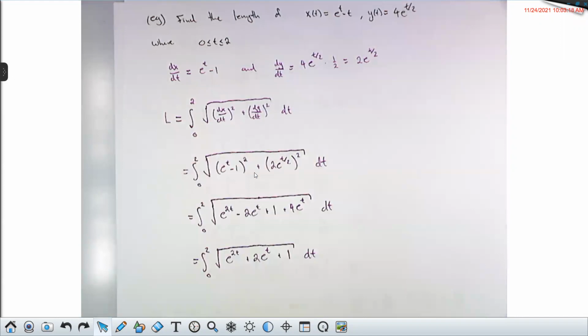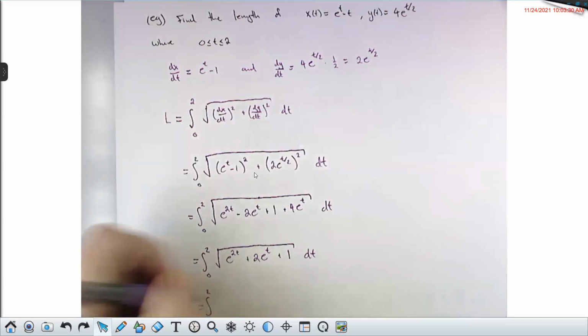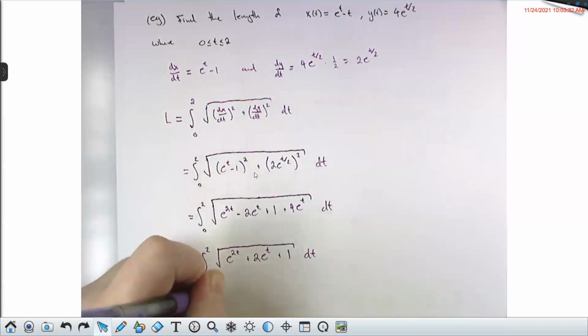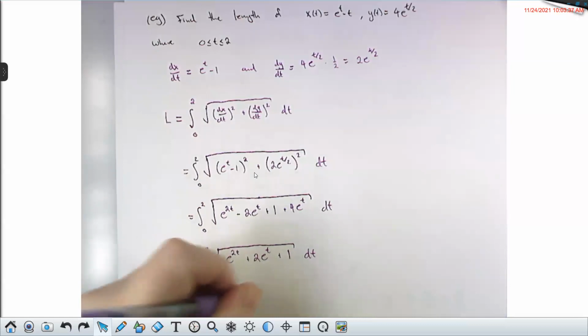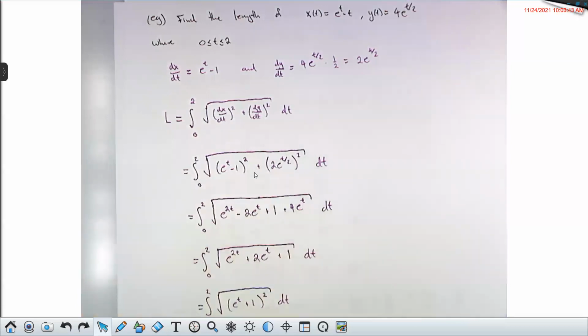And then e^(2t) + 2e^t + 1 factors. This is one of those factoring tricks that we learn in pre-calculus. This is (e^t + 1) all squared, dt. There.